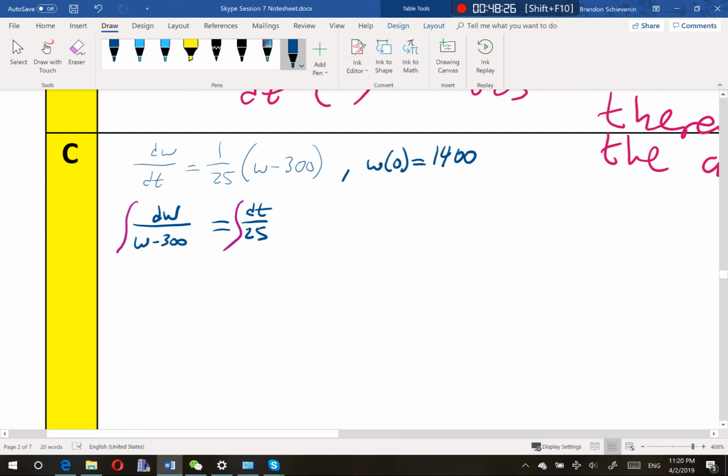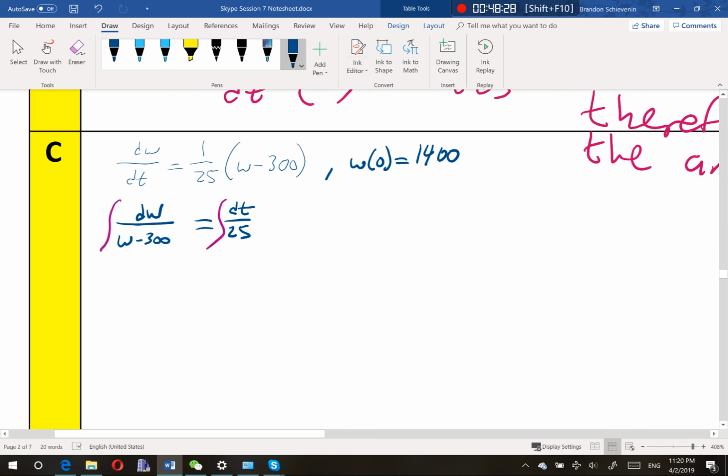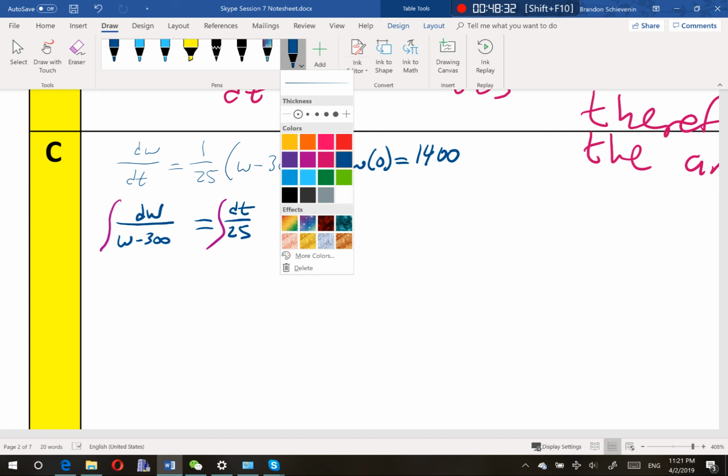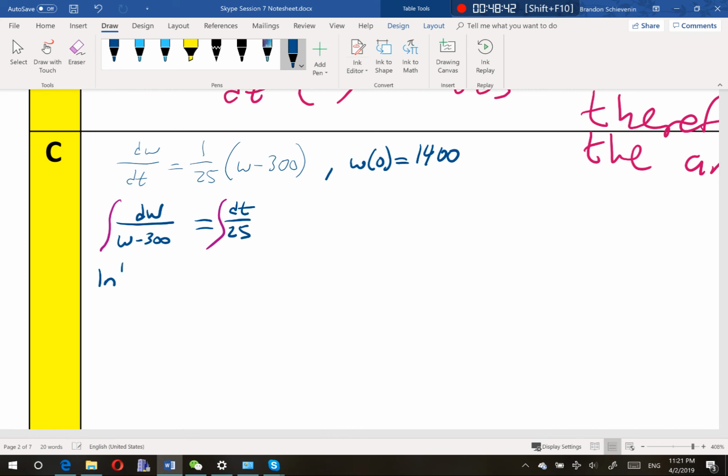Okay, there we go. What happens if I integrate this left side? ln w minus 300 times negative 1.